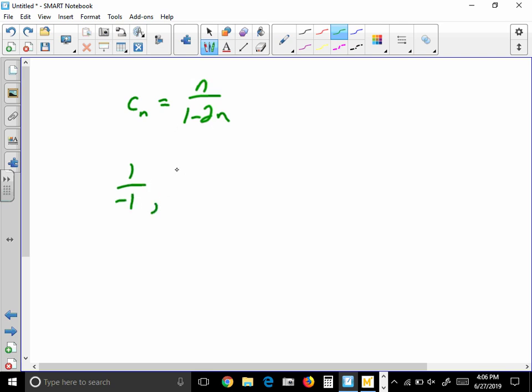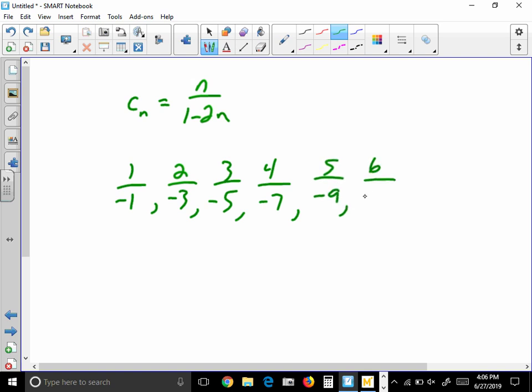If we put in a 2, we have 2 over 1 minus 4. 3 over 1 minus 6, which is minus 5. 4 over 1 minus 8 is negative 7. 5 over 1 minus 10 is negative 9. So that's what that sequence is.